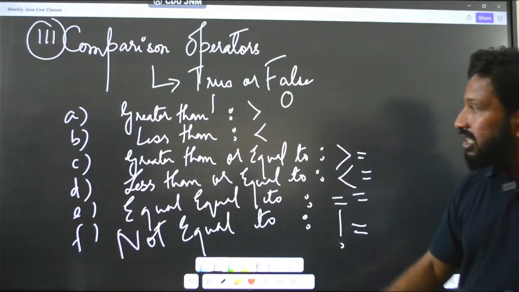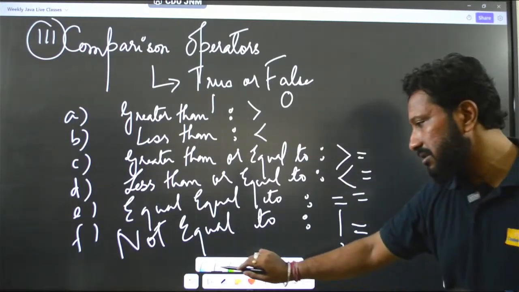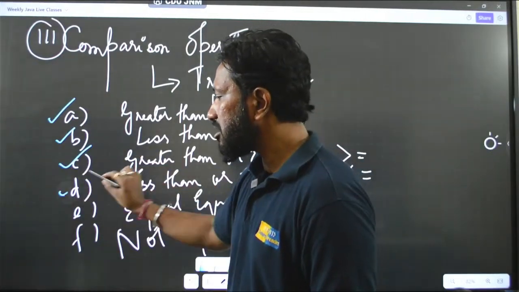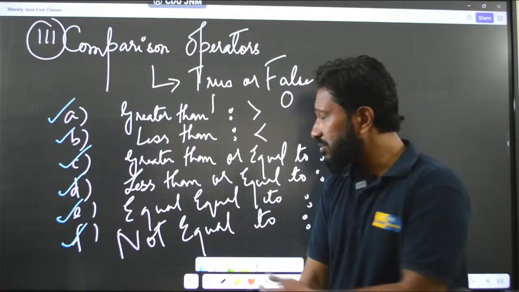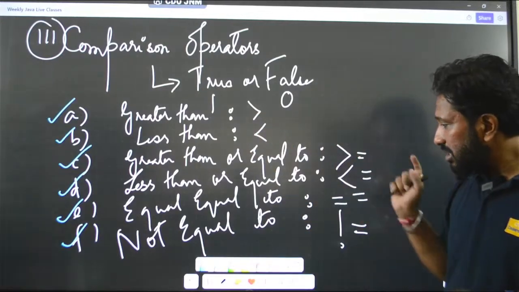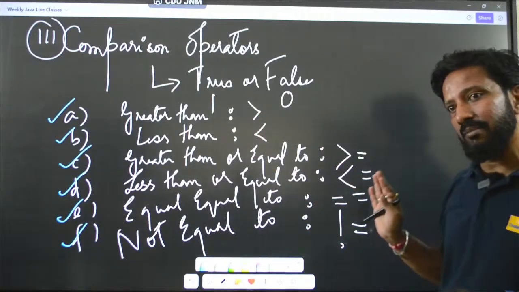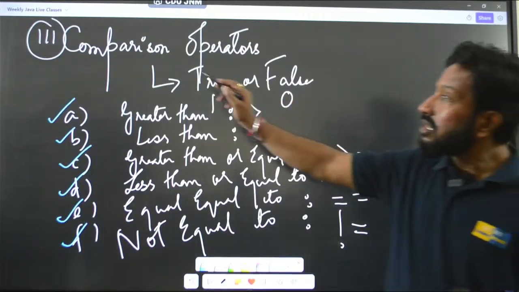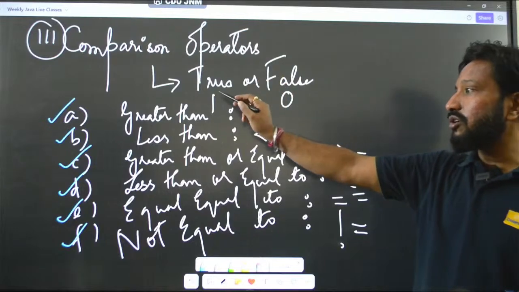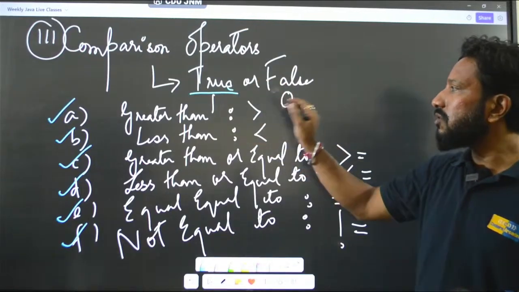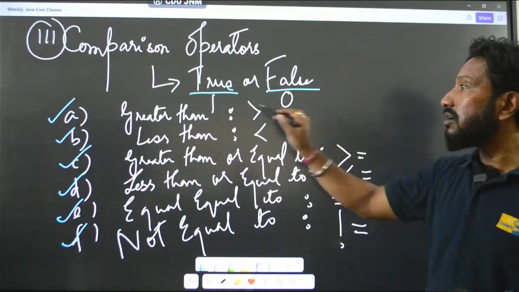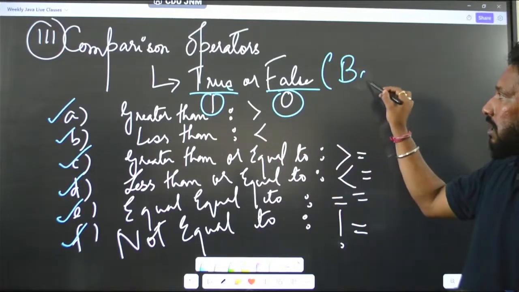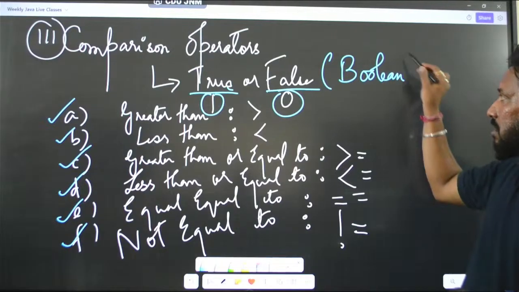Okay. So these are the 6 comparison operators. So we have this one, this one, this one, this one, this one, this one, and in mathematics we have already come across 1, 2, 3, 4, and these 4 we have already come across. Okay. So remember, the result of the comparison operators is always true or false, that is 1 or 0, which is actually Boolean.